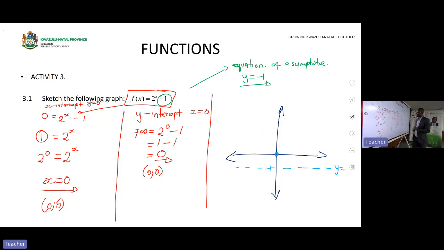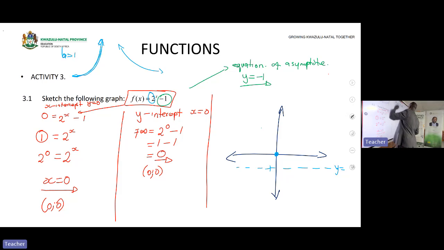Remember, we said our graph will take either an increasing or a decreasing shape. It will depend on the value of a and b. So our a is positive here, and the value of b, which is 2, is greater than 1. So it means our graph will take this shape because b is greater than 1.